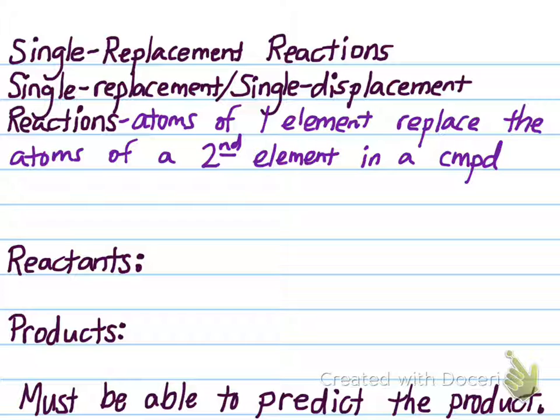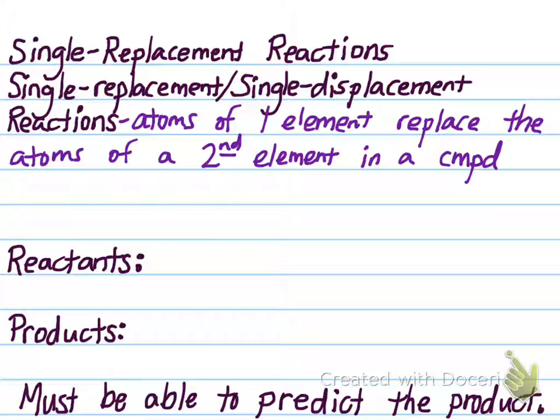Again, we've seen these on your ChemQuests, and basically, again, what was happening here is the element that is all by itself. If it's a metal, it's going to take the place of the metal in the compound. If the element that is all by itself is a nonmetal, it's going to take the place of the nonmetal in the compound. Okay, so the element is taking the place of the atom that it's like in the compound.